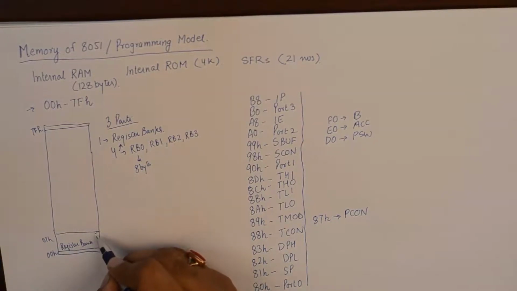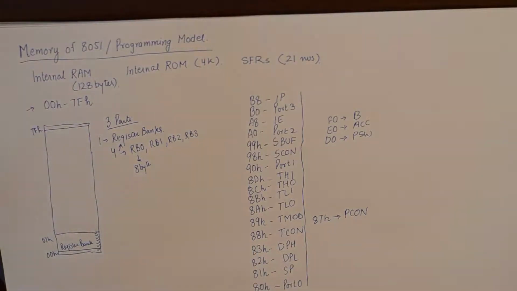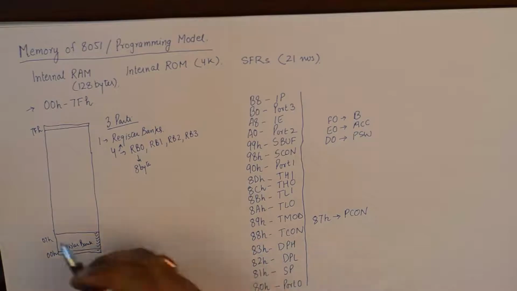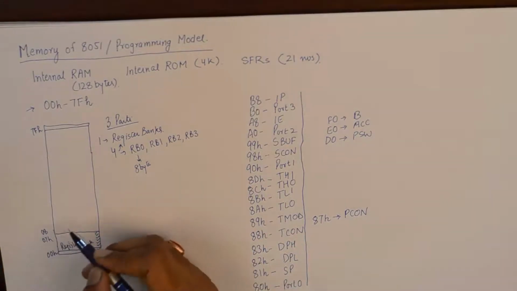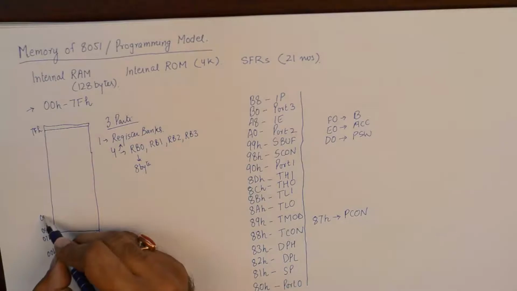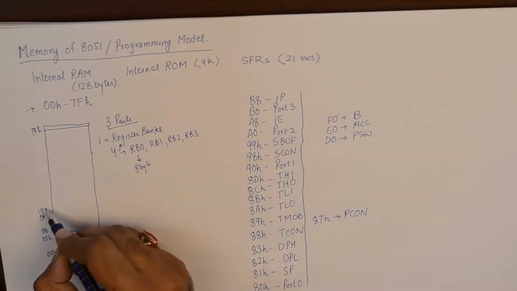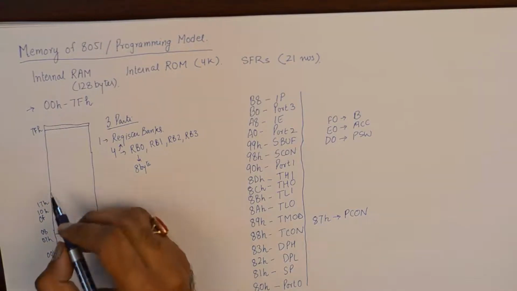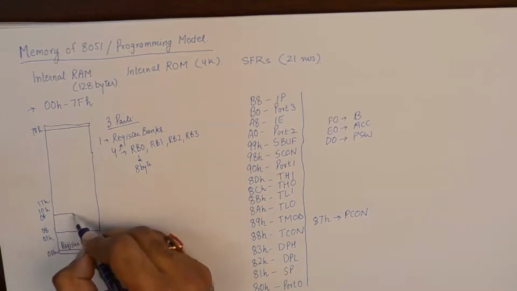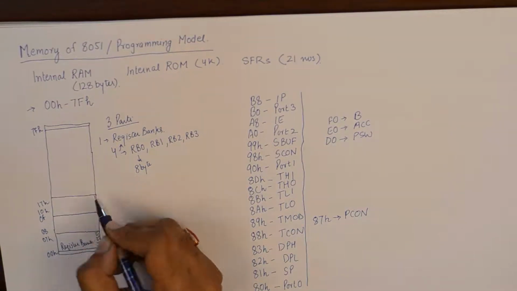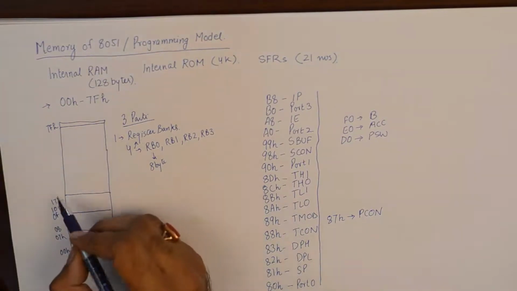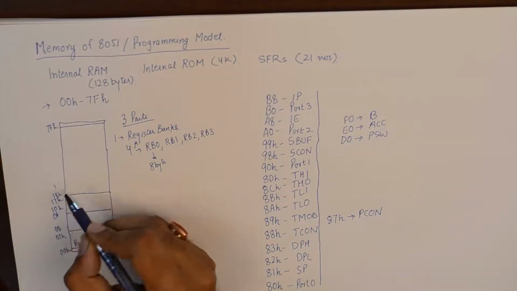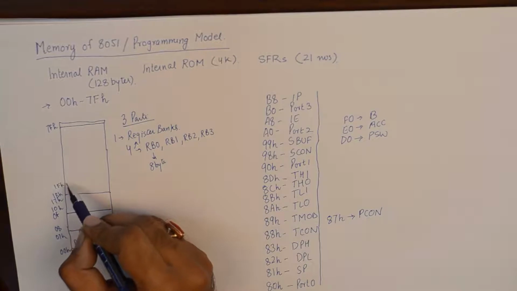So there are going to be 1, 2, 3, 4, 5, 6, and 7 registers in the first register bank, and from 08 to 0F, from 10H to 17H, and from 18H to 1FH.